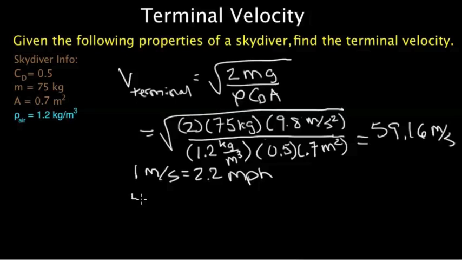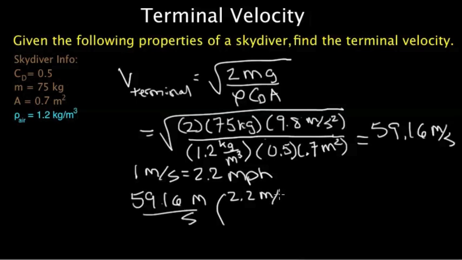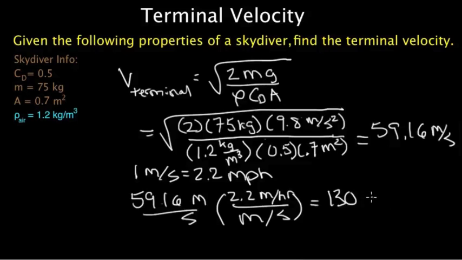So 59.16 meters per second times 2.2 miles per hour divided by meters per second is about 130 miles per hour. So this person is certainly going pretty fast as they fall towards the ground, and they're going to be relying on their parachute to slow them down eventually. So that is terminal velocity.